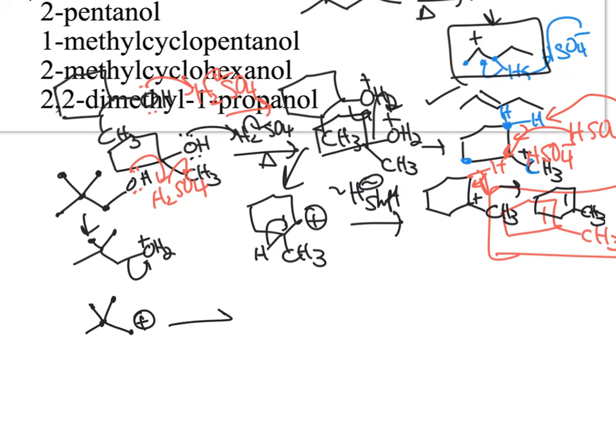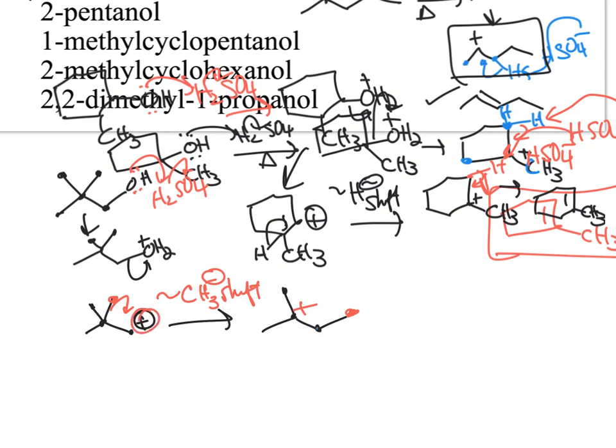And you get a primary carbocation, so now you're going to get a methyl shift, because that is not your most stable carbocation. So this is your methyl shift. So it switches places with your carbocation.